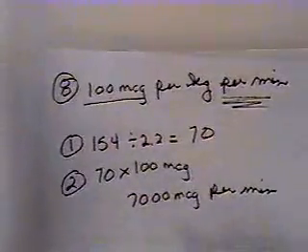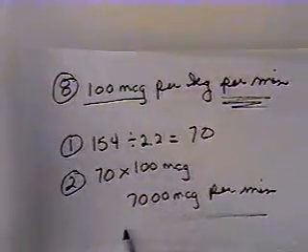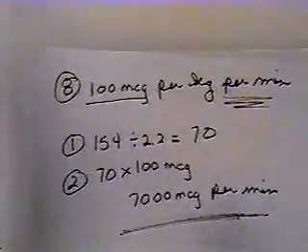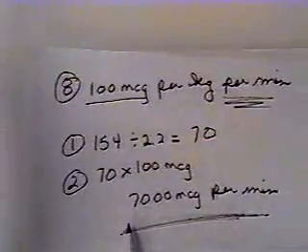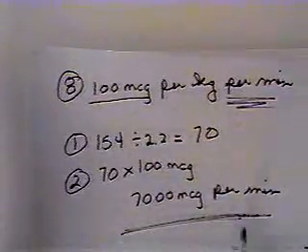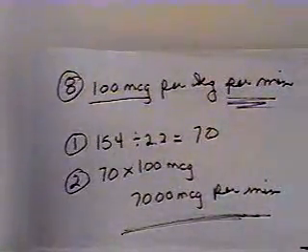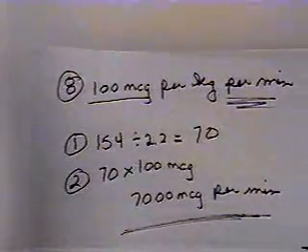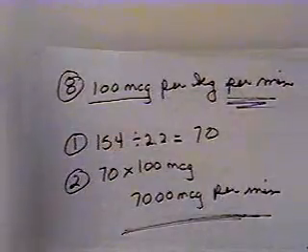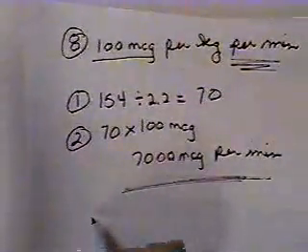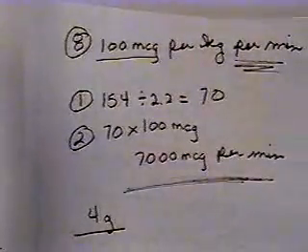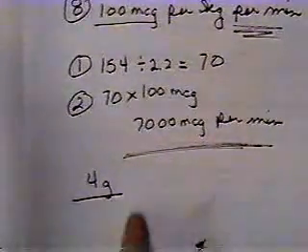Now, what I have to do is figure out how to find how many milliliters. If it's an IV problem, I have to know how many milliliters. And if I'm ordered to give 7,000 micrograms, I look on the bottle, and it tells me 4 grams of drug have been added to 1 liter. So there's 4 grams of drug in 1 liter. How many milliliters is that?